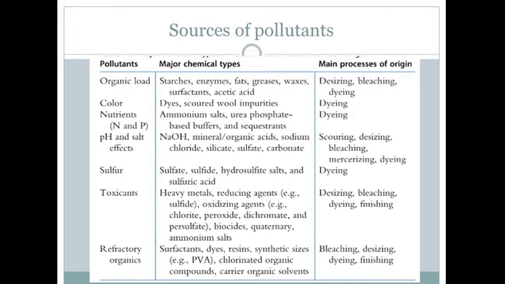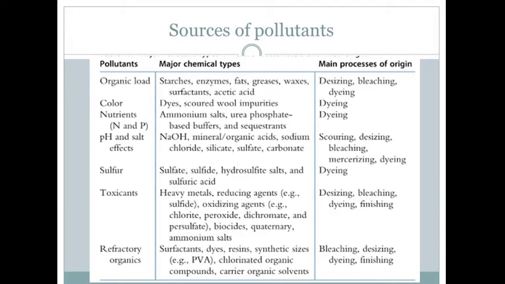pH and salt effect, that is NaOH. The major chemicals present are organic acid, NaOH, sodium chloride, silicate, and carbonates, which come from the scouring, desizing, bleaching, mercerizing, and dyeing operations.